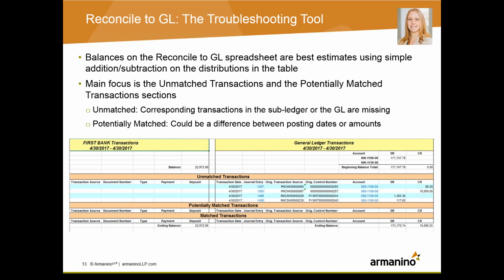So again, if you have a batch that's assigned checkbook First Bank, which is account number 000-1100, but you go into one transaction and change the cash account to 000-1200, then the GL cash account is not going to match the bank checkbook. That would cause a discrepancy, an unmatched transaction, and a bank rec issue as well. So there are a few different things that can come up, and you would see most of these in the Reconcile to GL tool.